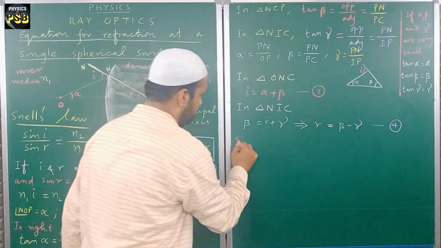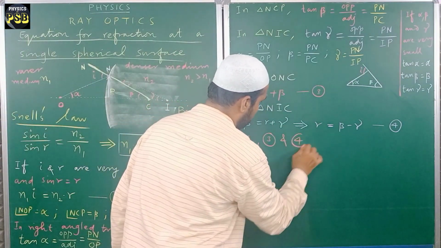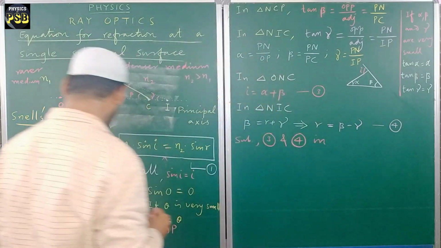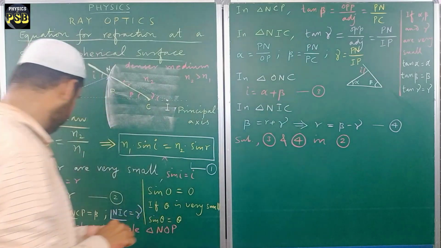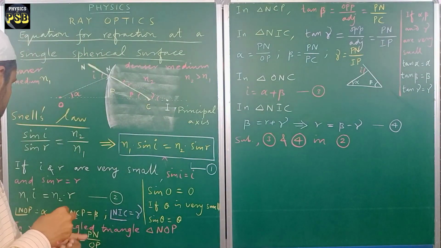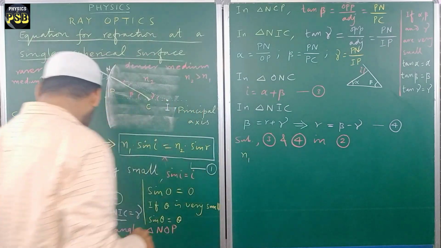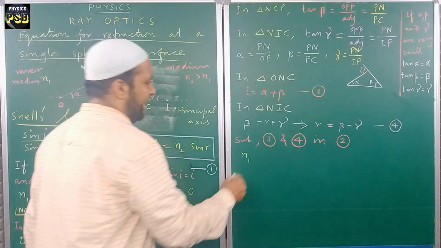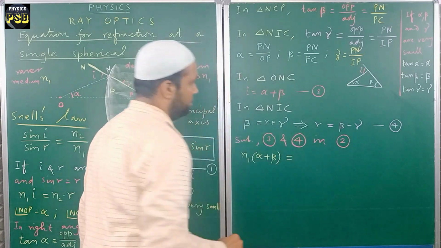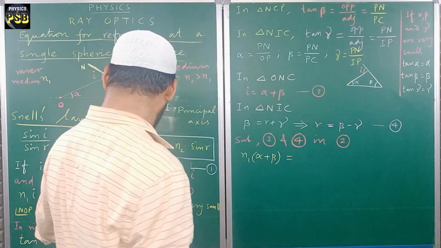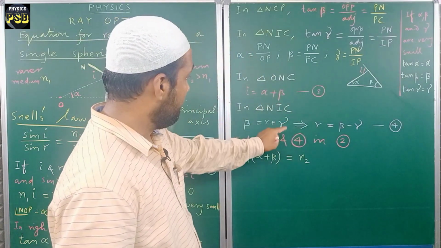Now I'm going to use equation number 3 and 4 in equation number 2. Substituting 3 and 4 in 2. Clear? See, if I do so, here n1 is taken as such, then I is alpha plus beta, is equal to n2 multiplied with the R value.